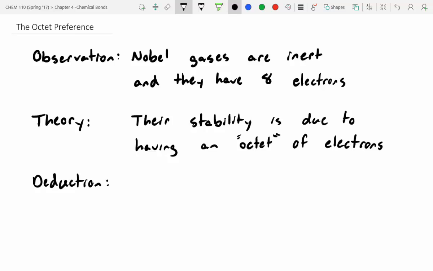Other elements really, really want to become stable, so they want to gain or lose or share electrons so that they too have an octet of electrons around them.